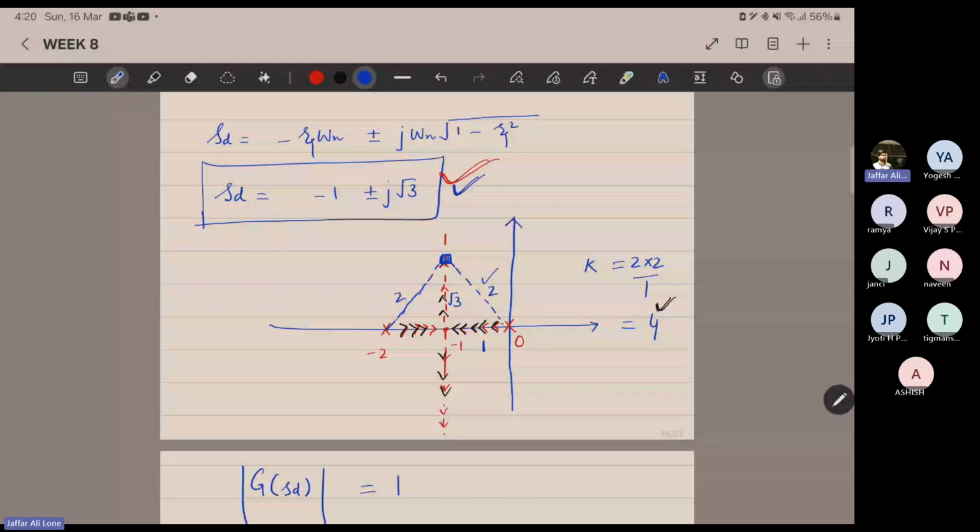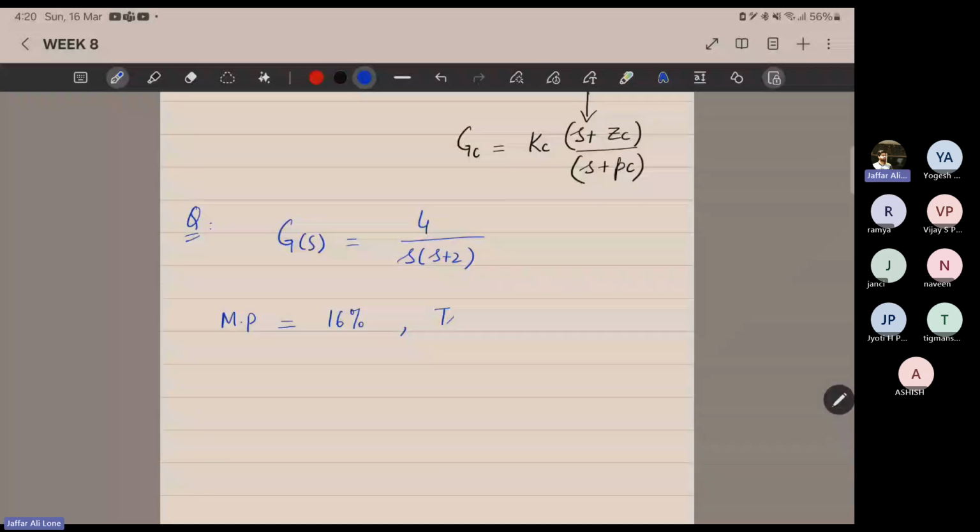G(s) is equal to 4 divided by s into s plus 2, and my design criteria is I should have an overshoot of 16% and a settling time of 2 seconds. I don't care about the steady state error, right? So you are given transient specifications.